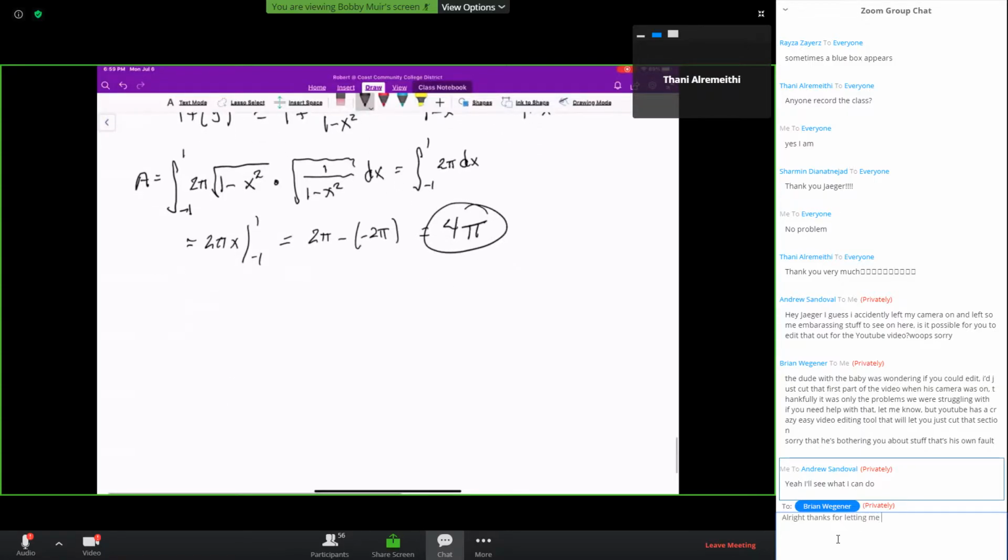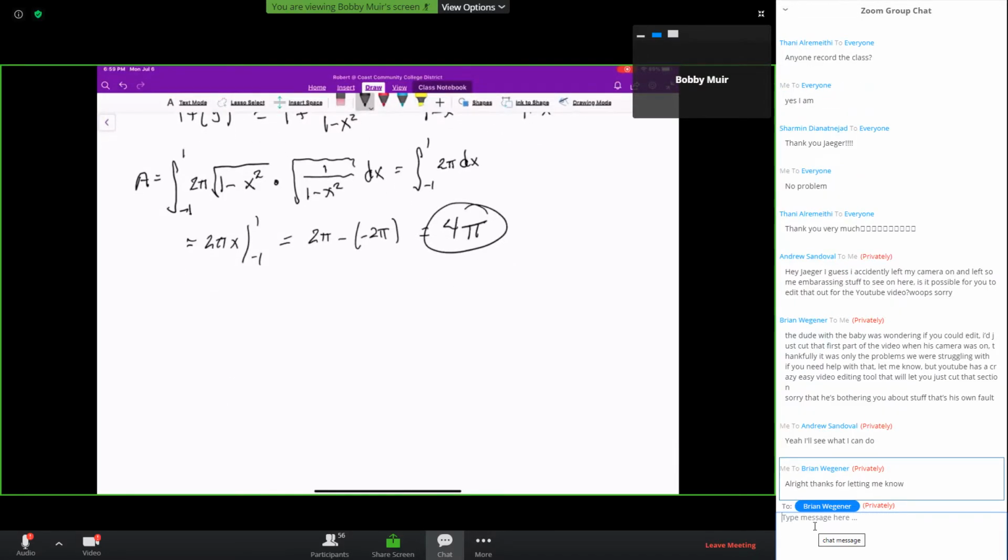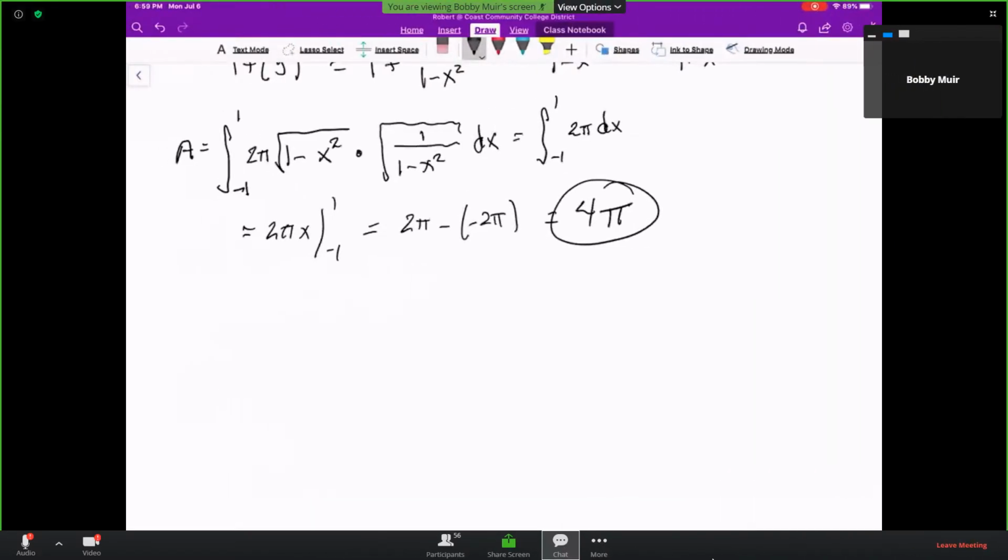Okay, now let's try one just from the exercises. So, example. How about y equals the square root of 1 plus e to the x, and we're going to rotate this about the x-axis. Okay.